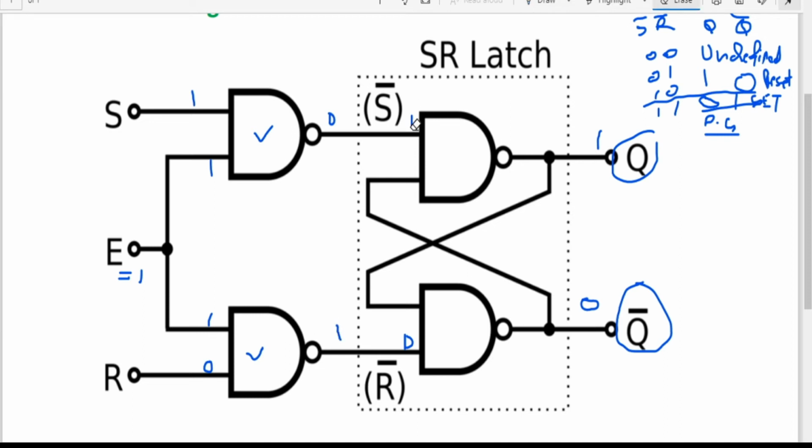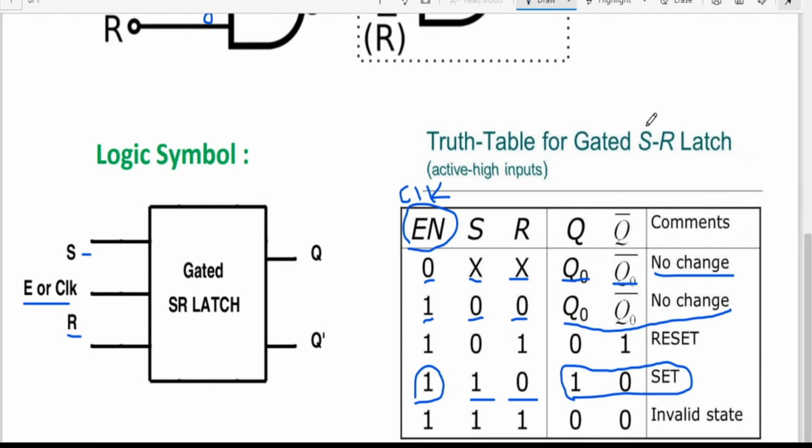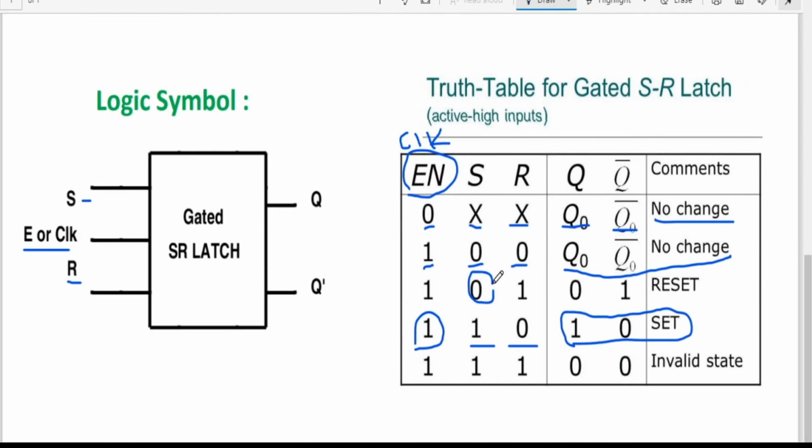So the inputs coming to S bar and R bar are 0 and 1. When the enable input is high, at that time Q is going to be 0 and Q bar is going to be 1, and that state we call a reset state.